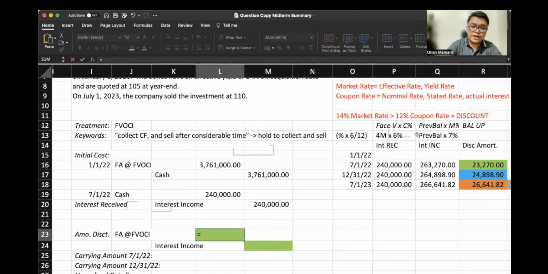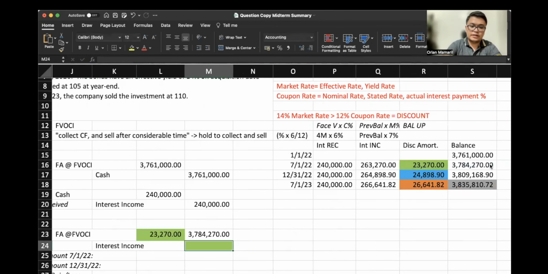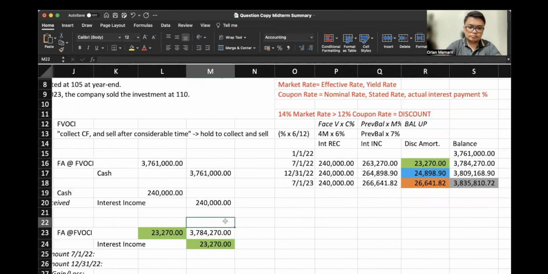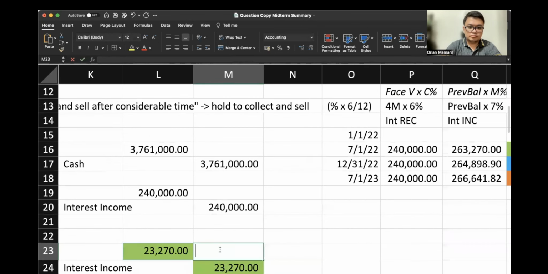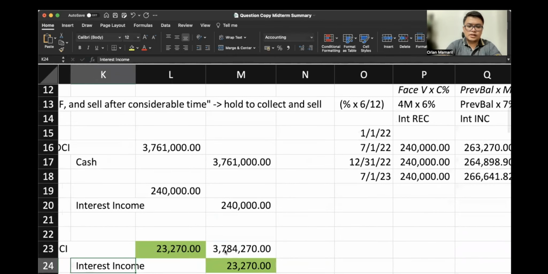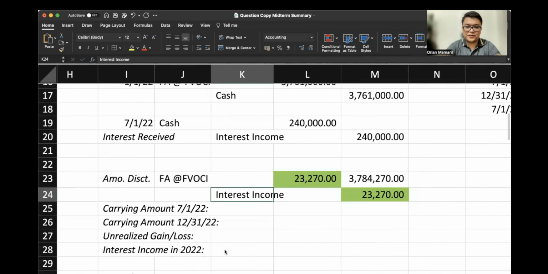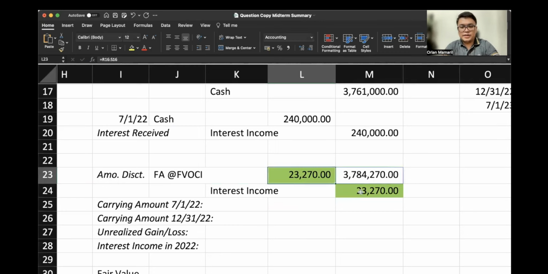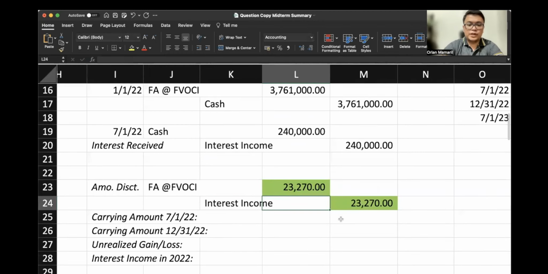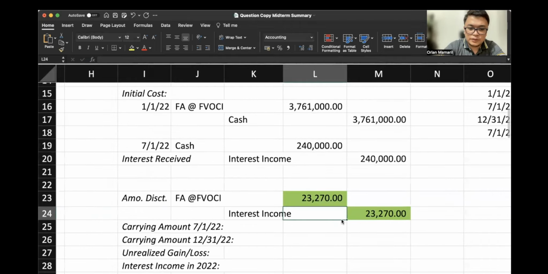And that is based on the green amount there, 2327. Just don't mind that 378,470 over there. Our entries are just debit and the interest income. There you go. Okay. And so, what would be our carrying amount on 7/1/22?